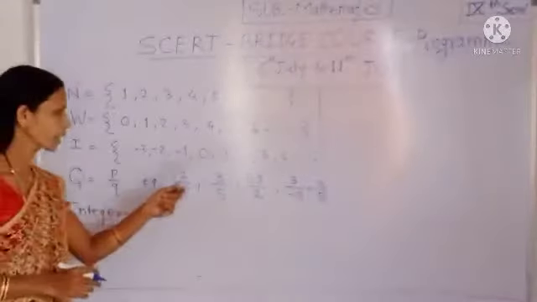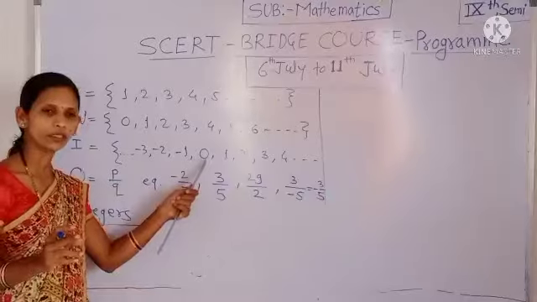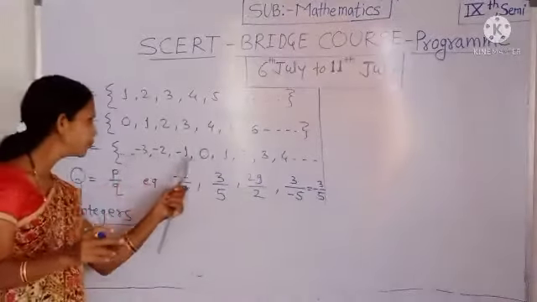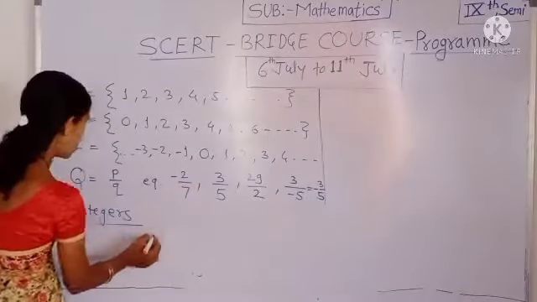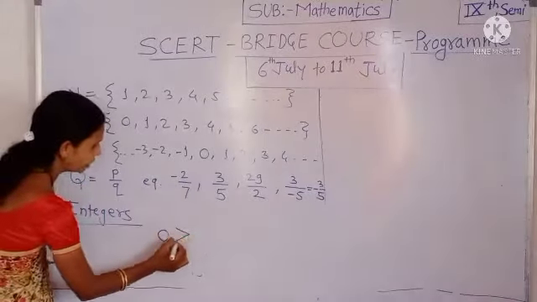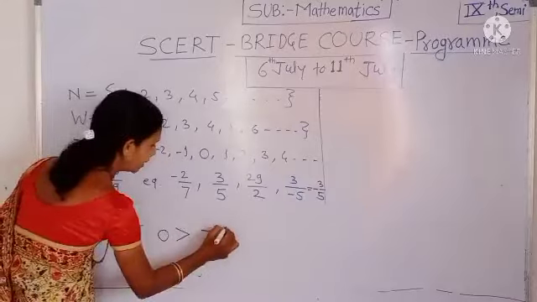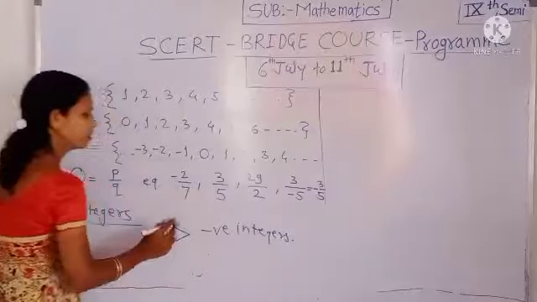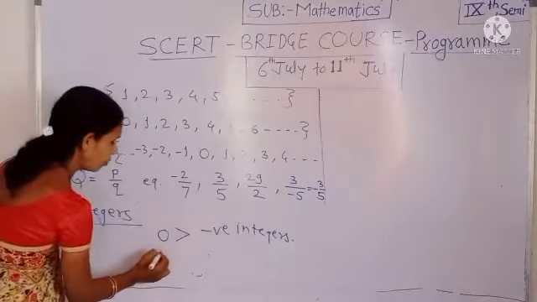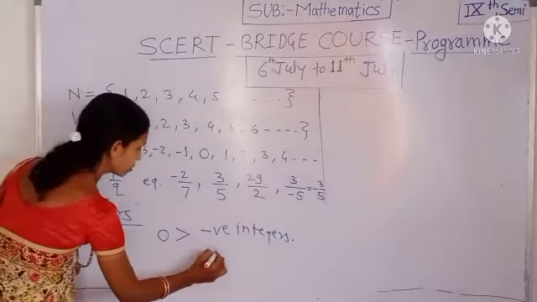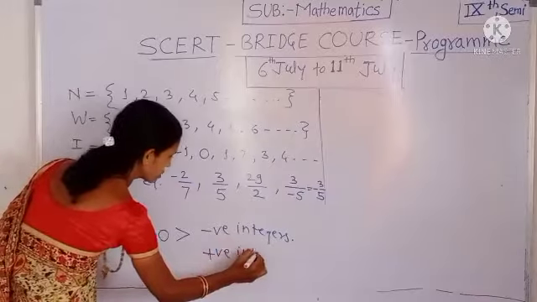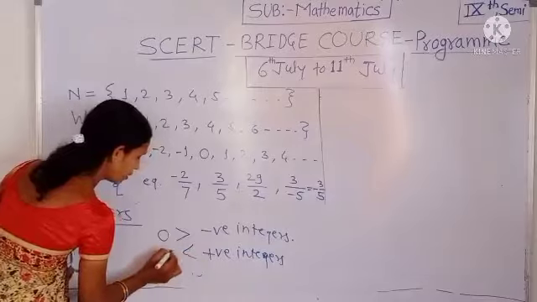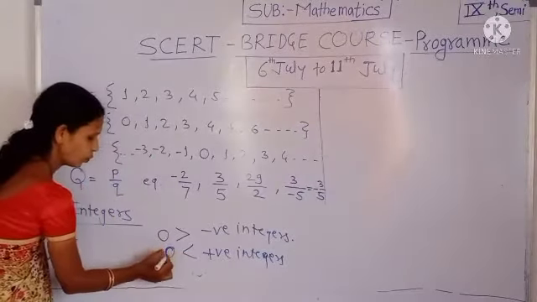Then see here, 0 is always greater than all negative numbers. That means here 0 is always greater than negative integers. And see here, positive integers are greater than 0.